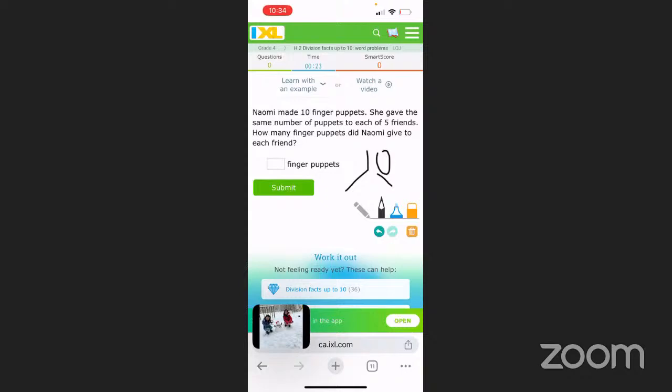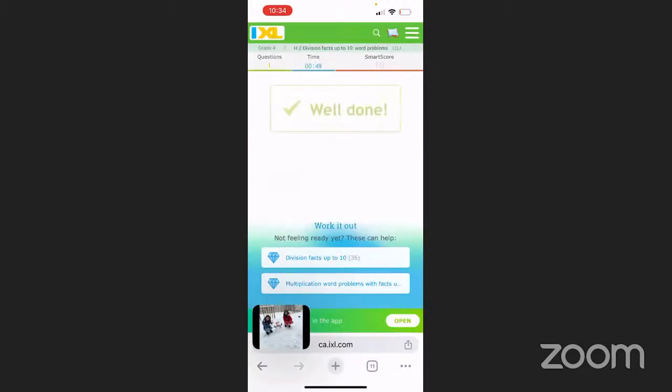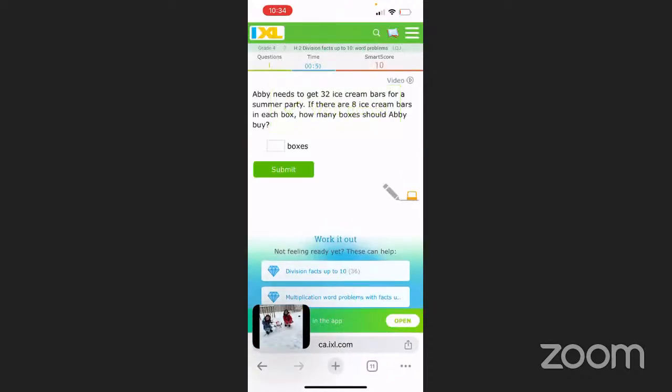Because 10 is 5 plus 5, right? So she can only give 5 to one friend and 5 to another friend, right? So how many did she give? Can you group them? Tell me how many. 2, right? Good. Okay.